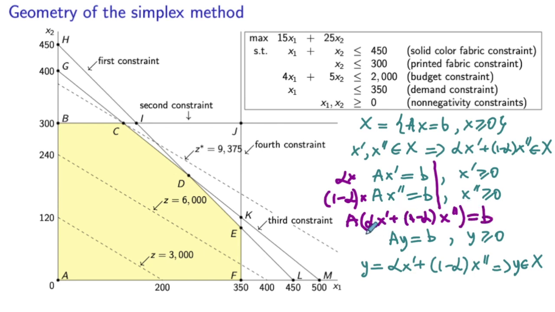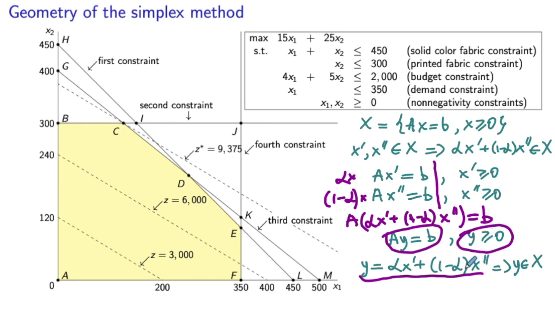Alright, but this expression here, αx' + (1 − α)x2', is exactly our y. Right, so we have Ay = b, which is exactly what we need to establish. And then clearly, because x' and x2' are greater than or equal to 0, and y is given by this convex combination of x' and x2', y is also going to be greater than or equal to 0, so both of these conditions are satisfied.